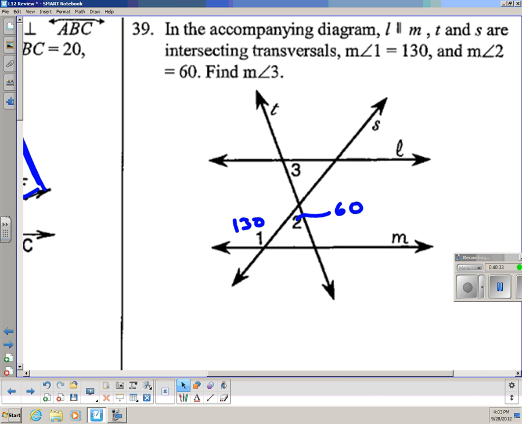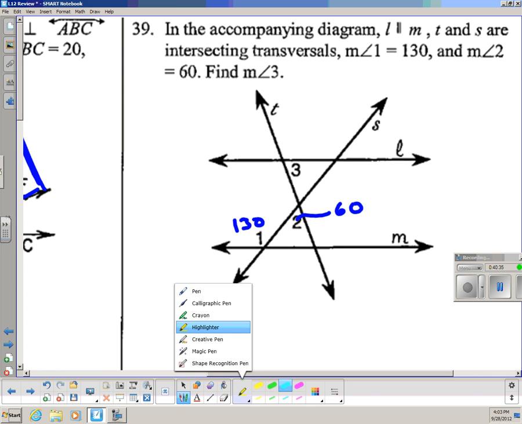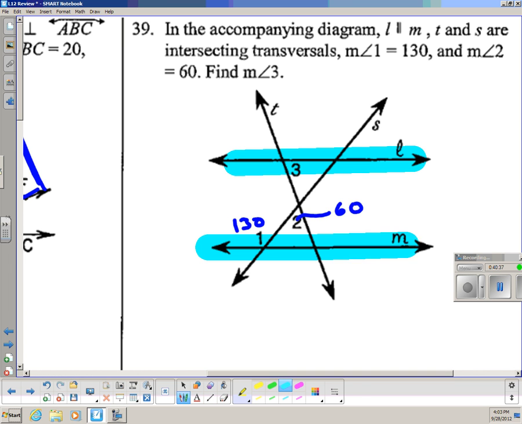Well, I have my two parallel lines, which is huge, as you would imagine. I have my L and my M. Two parallel lines. And so this angle is 130, angle 1. This angle right here is 180 minus 130, which is 50.